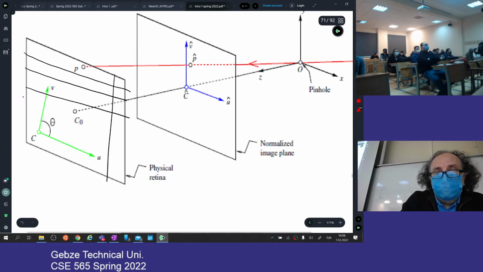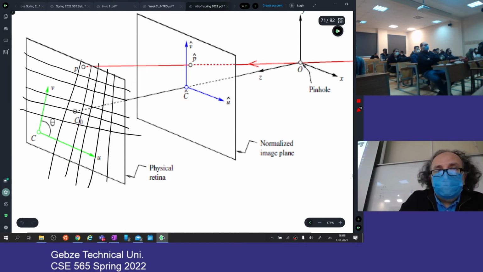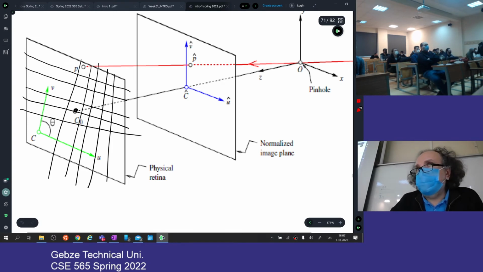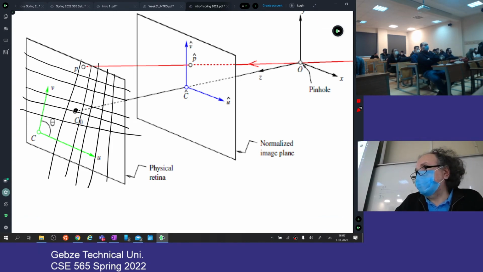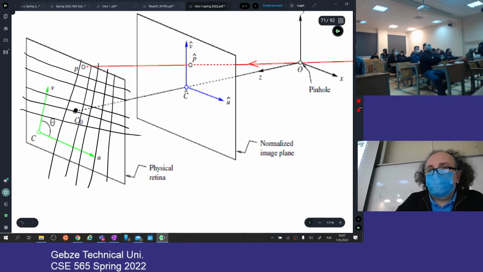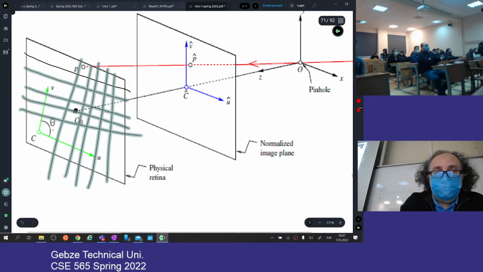We say, okay, this point is at position 100 and 100. And we have to relate this to the normalized image plane, and this is what we are going to do in a few minutes.